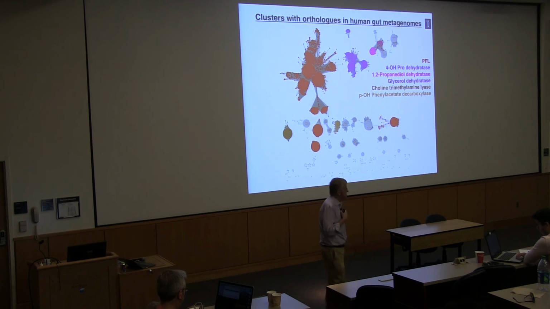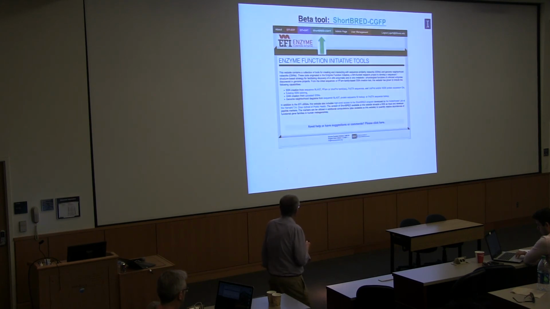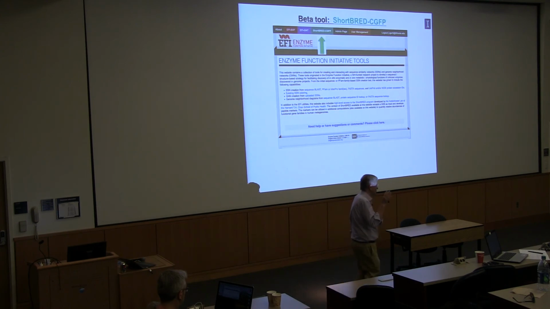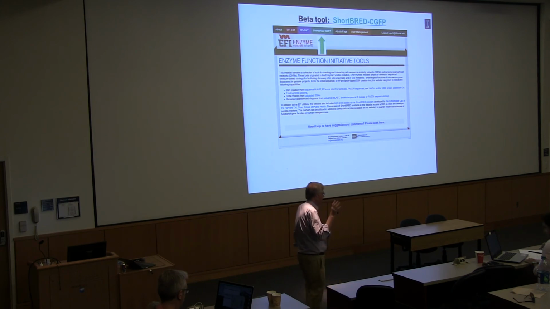These are the clusters that are represented in the human gut metagenome. The problem with this is it's computationally extremely intensive, and cross your fingers that NIH will give us more clusters and even more nodes, and even then I'm not quite sure how we're going to handle this because this is big time computing. All right?